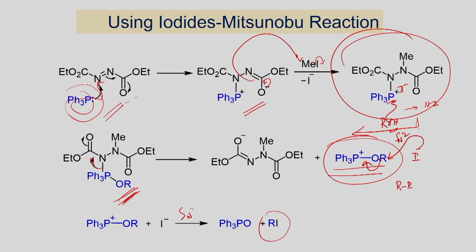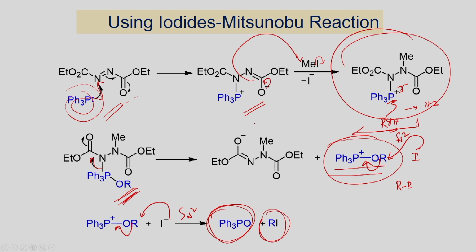shown here, and it can undergo reaction, and you will form the alkyl iodide and triphenyl phosphine oxide as a byproduct. So, you can use this phosphine chemistry. If you have triphenyl phosphine, you can react with bromine, or, as we have just seen, chlorine or carbon tetrachloride. Here you can also use diethyl azodicarboxylate.